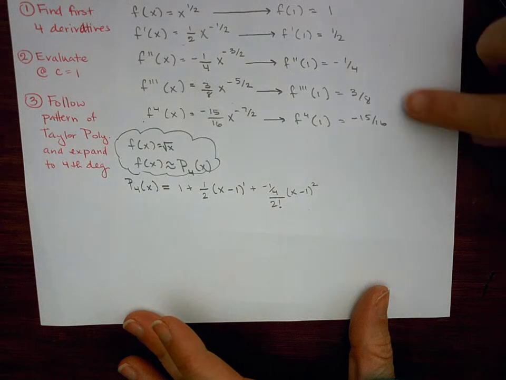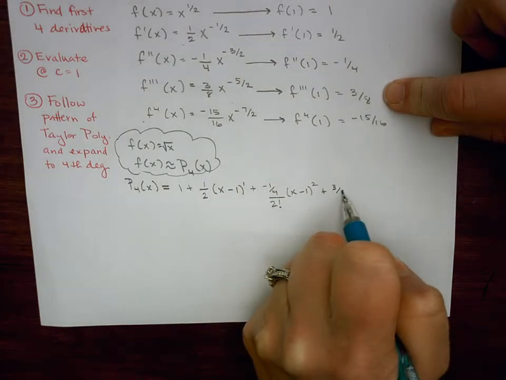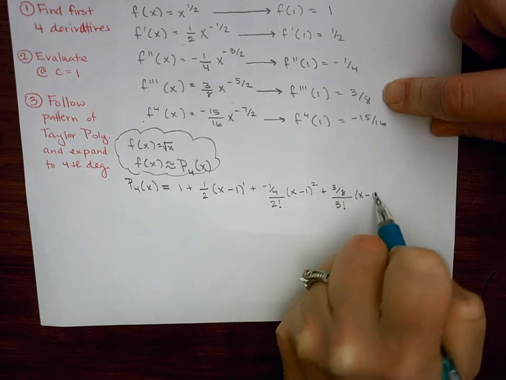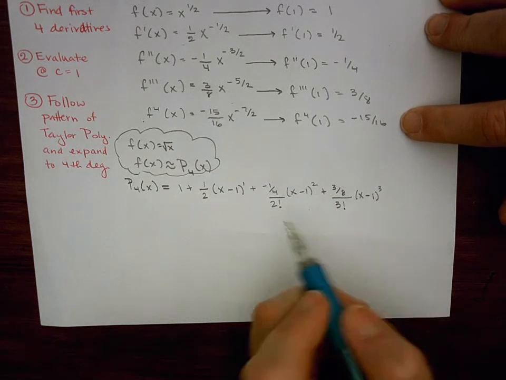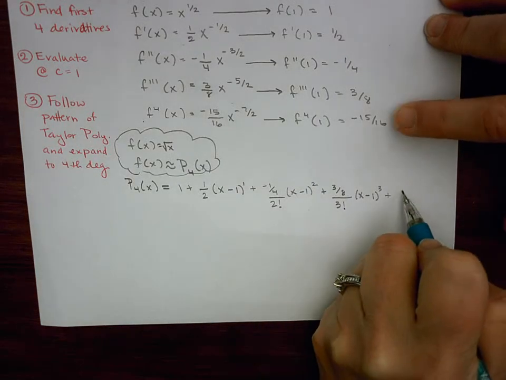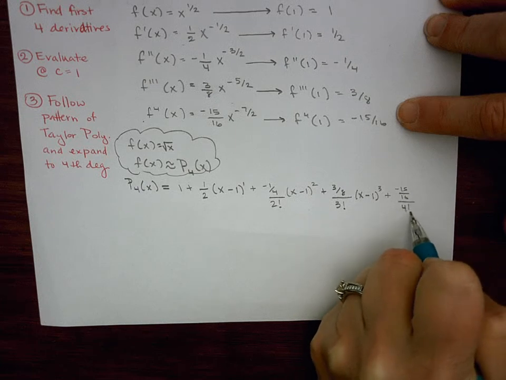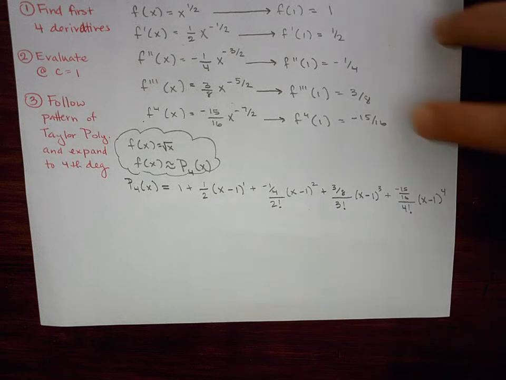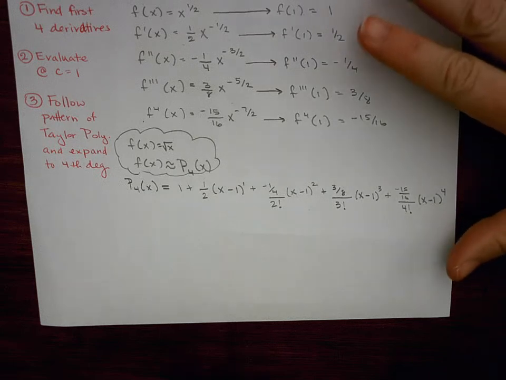Here's my third derivative, which is 3/8, over 3 factorial times x minus c cubed. And then one more here. So then this is going to be plus my fourth derivative, over 4 factorial times x minus c to the power of 4. Okay. And now I'm just going to simplify this a little bit so I don't have these over 4 factorials.